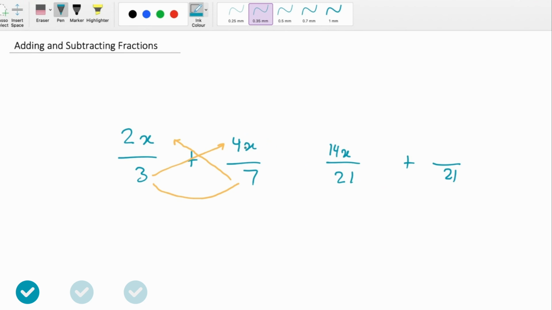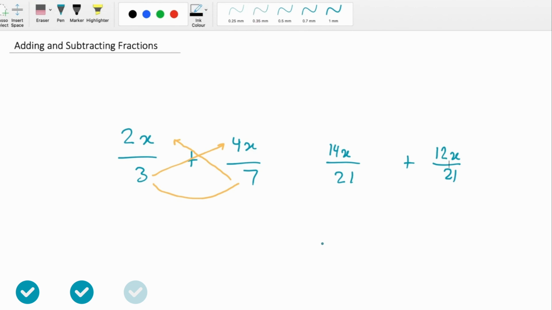This 4x will multiply by the opposite denominator, so this 3 over here. 4 times 3 gives us an answer of 12, and we have an x, like so. And here you can see this allows us to have common denominators and ensure that we're also readjusting our numerator as well.